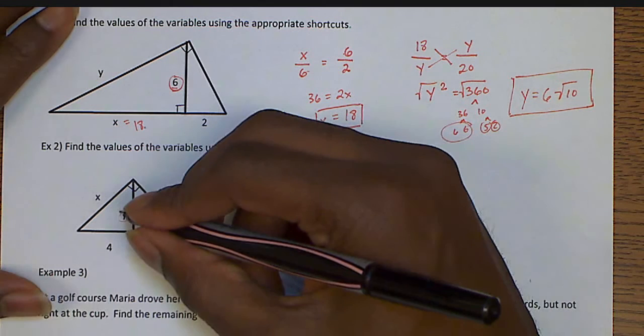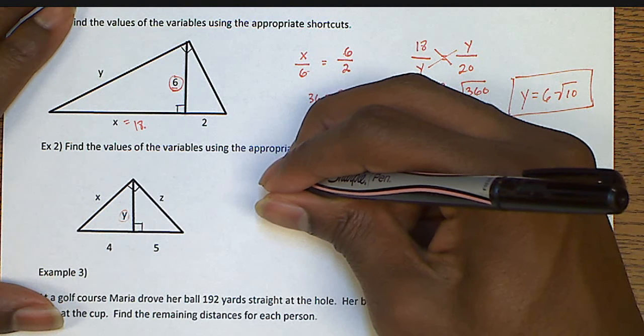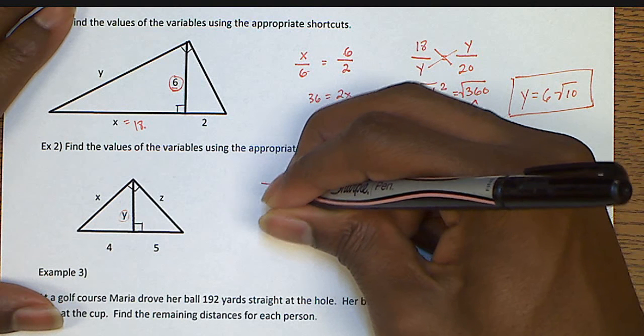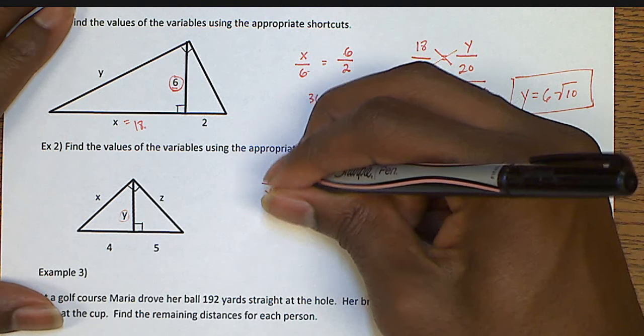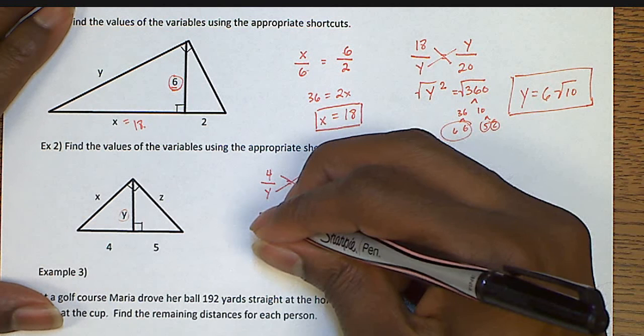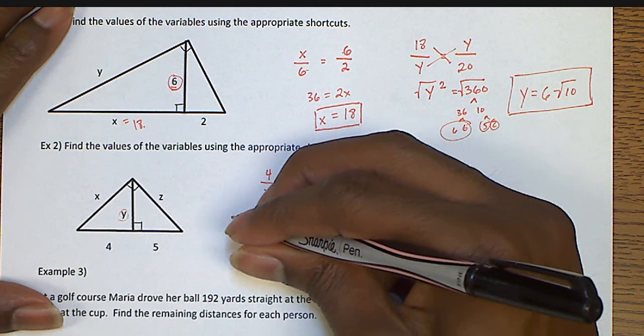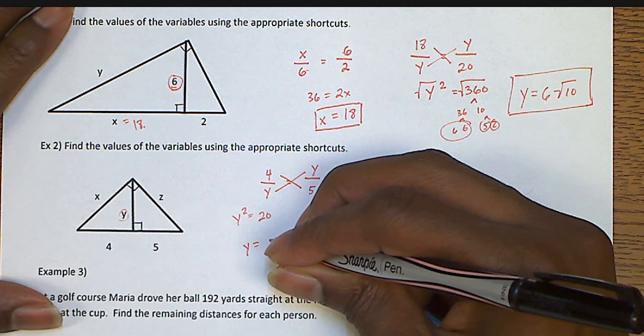Y is the geometric mean between these two. It's the easiest one for me to remember. So y is the geometric mean between 4 and 5. I'll cross multiply. Y squared equals 20. And so y will equal 2 radical 5.